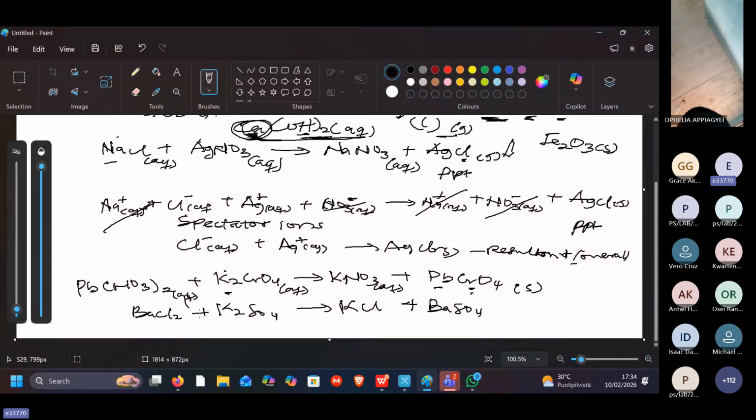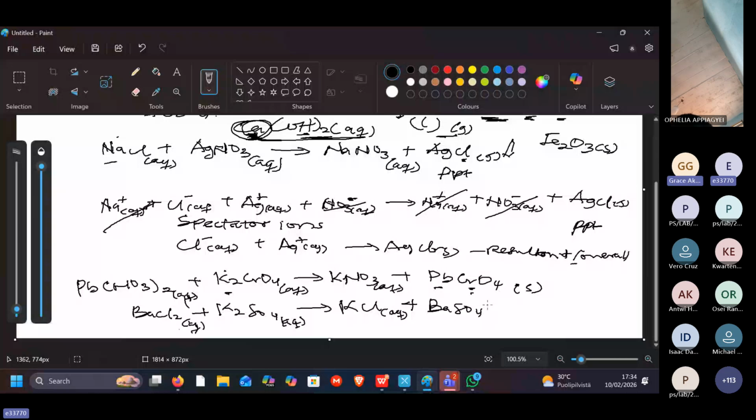Let's try to predict the state. Barium chloride, is it going to be solid or aqueous? Aqueous. Chloride, the only exceptions will be lead, mercury, silver. How about potassium sulfate? Since I have potassium there, it's going to be aqueous.